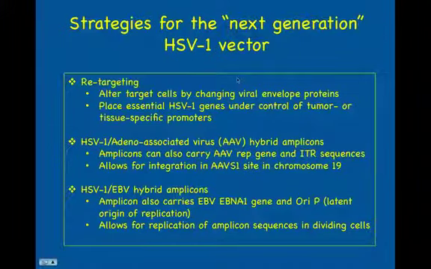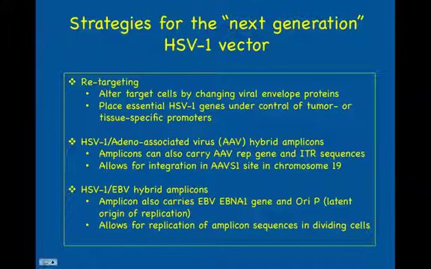So for the next generation of HSV1 vectors, you want retargeting, so you alter the target cells by changing viral envelope proteins and place HSV1 genes under control of tumor or tissue-specific promoters. And people are working on that right now, and other viruses use that already.